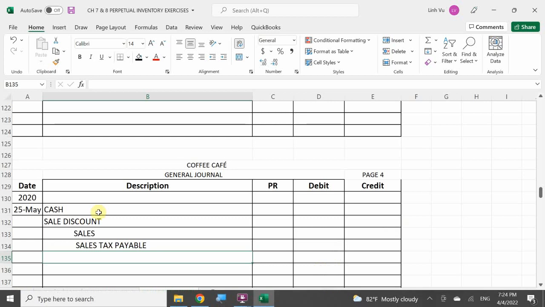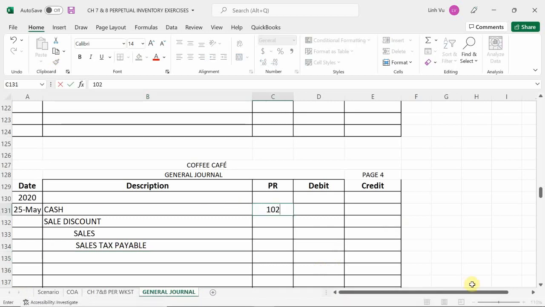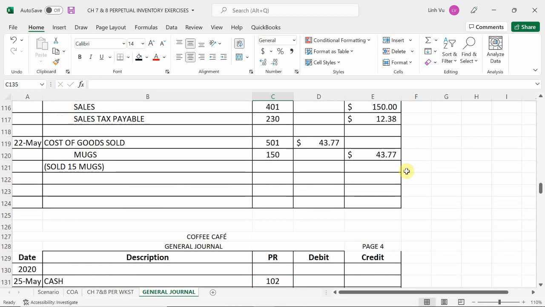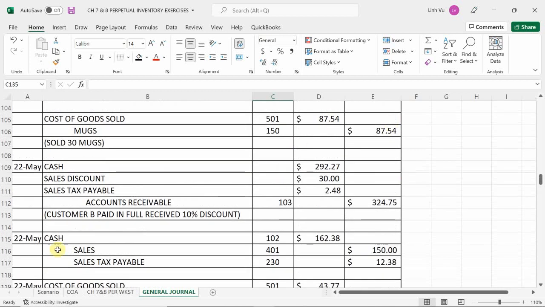So again, we received cash, which is 102. Sales discount is 405. Sales is 401. Sales tax is 230. So I'm also going to plug this in up here as well, right? Because we had our accounts here as well.